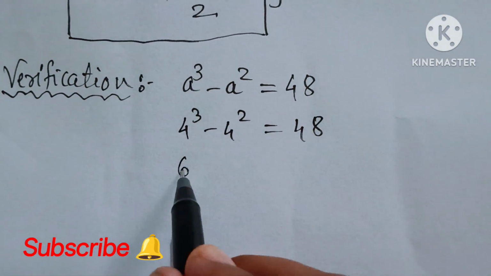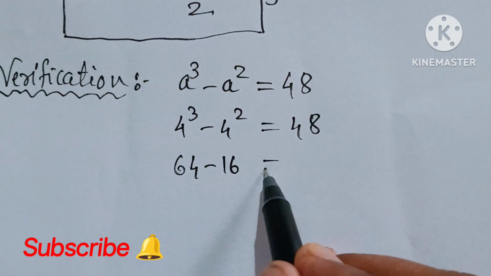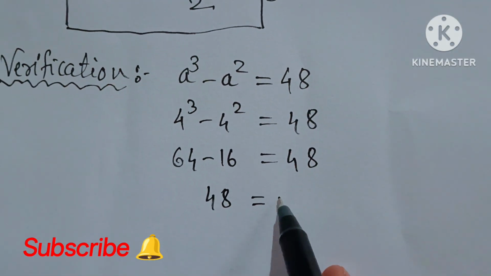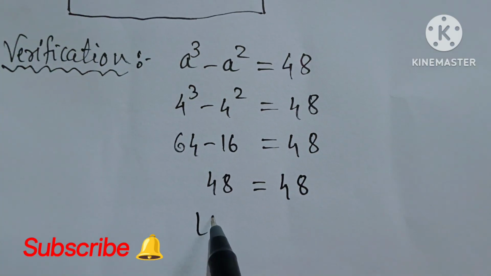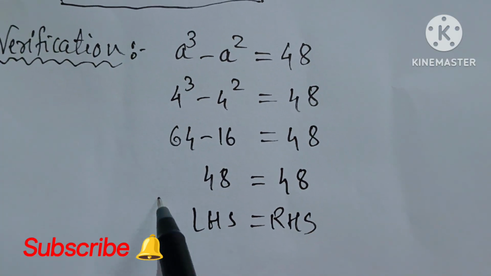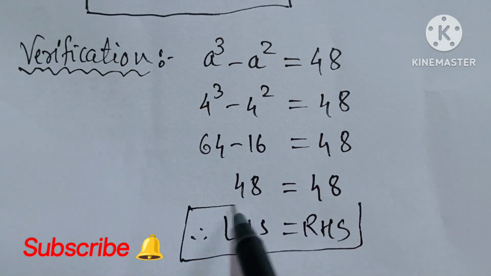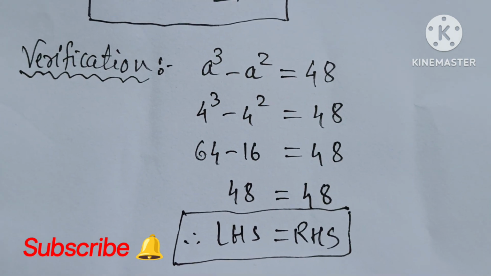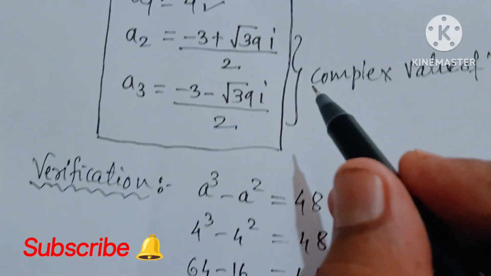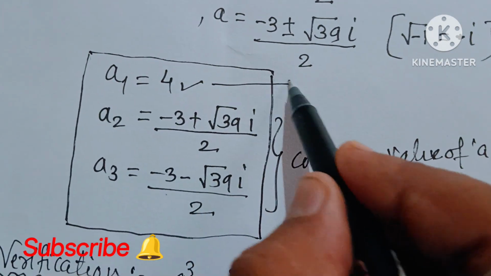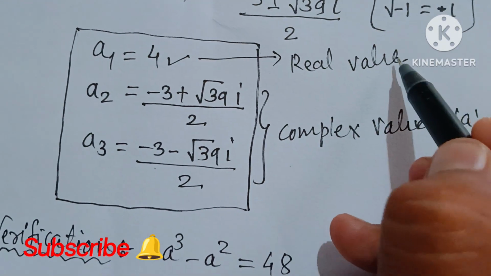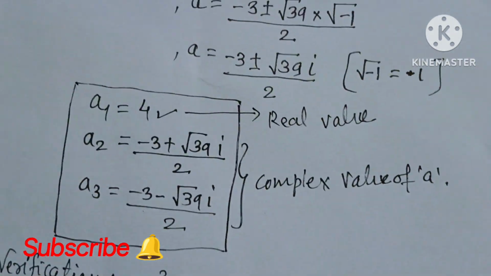Now here 64 − 16 = 48. Now here 48 = 48. Now LHS is equal to RHS. Verification is done. So here this is the real value of a.